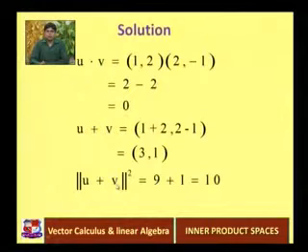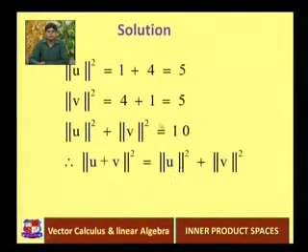Now the norm of u plus v squared is 3 squared, that is 9, plus 1 squared, that is 1, and the result is 10. So the norm of u plus v squared is 10.